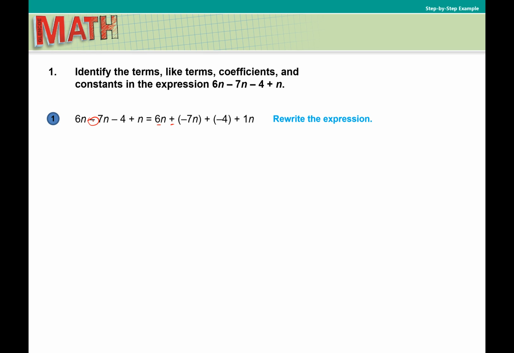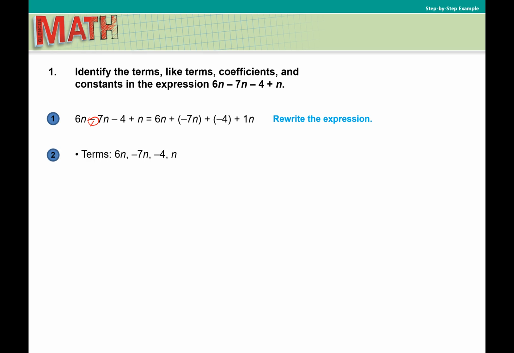So the subtraction sign just carries over, attaches to that 7n, and then we put an addition sign in between. Do the same thing over here to the negative 4, or minus 4, subtraction 4, and make that addition of negative 4.